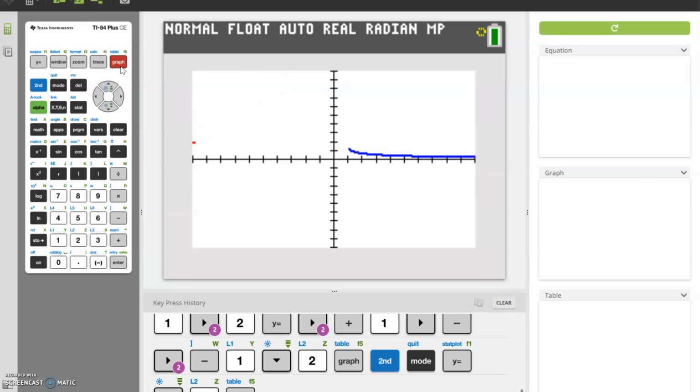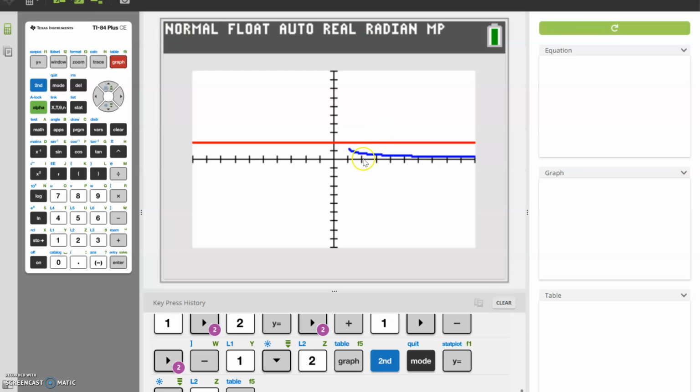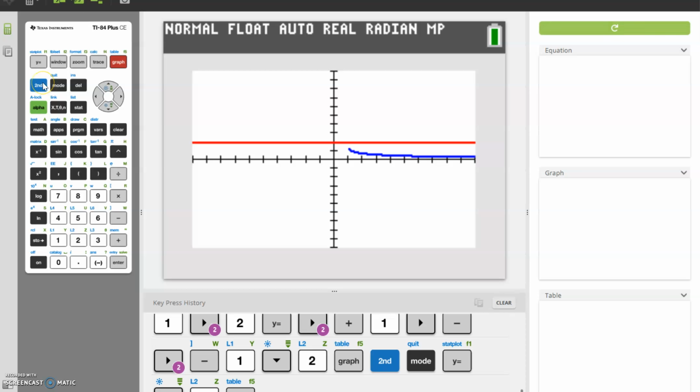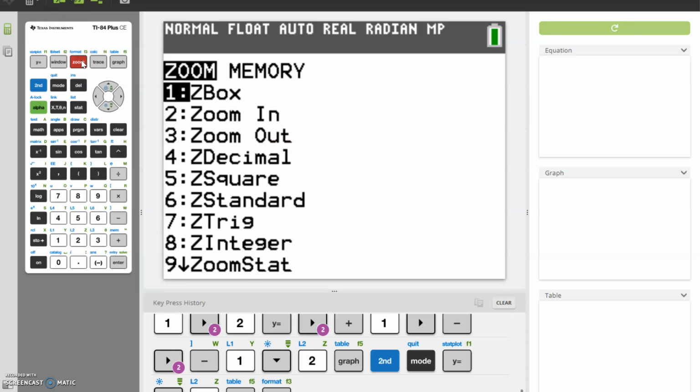There's my first part of the equation, there's my second half, and notice that they're not touching one another. We might say, maybe it's just off screen. I can tell you that given what we are working with, we probably will not see it touch, but if we want to be certain, because seeing is believing sometimes, we can go into zoom and select option 3, which is zoom out.